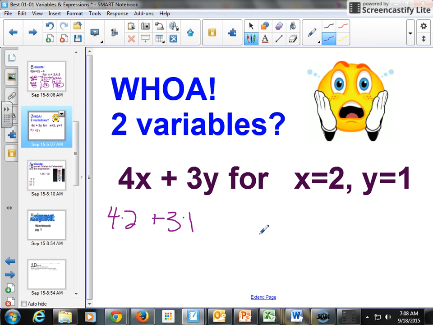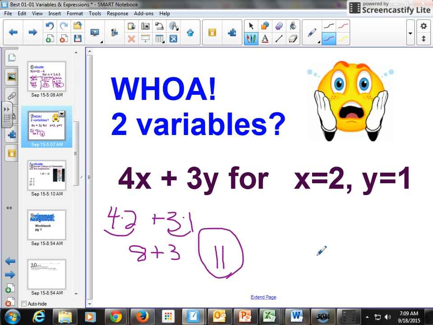Remember your order of operations. Multiplication happens before addition. 4 times 2 is 8. 3 times 1 is 3. 8 plus 3 is 11. Bingo! There you go. That is what evaluating algebraic expressions means.